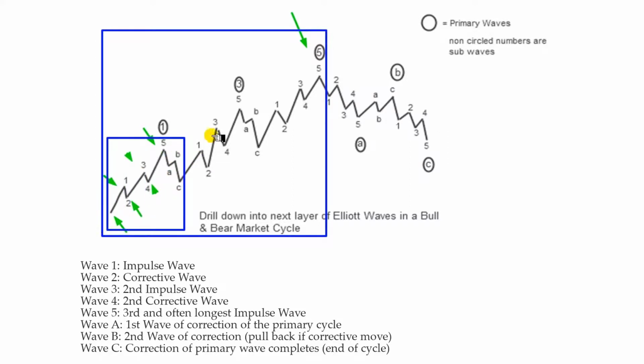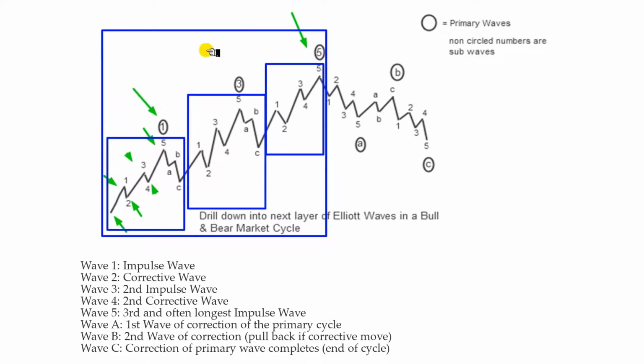There, 1, 2, and the third one here. And that perfectly replicates what we just saw earlier. And if you were to zoom out on this time frame, you'd see here 1, 2, 3, 4, 5. So we have the primary waves, which are circled here. 1, 3, and 5.